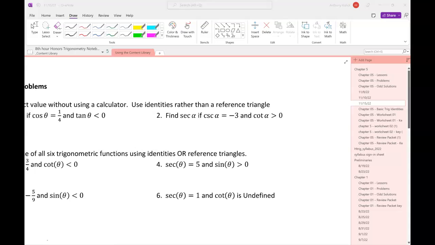So what I'm going to do is look for an identity that involves just cosecant and secant. Now, what am I going to find here? Nothing. So I'm going to say, okay, can I find an identity that involves cosecant and cotangent? And yes, I can, if I look at the second Pythagorean.